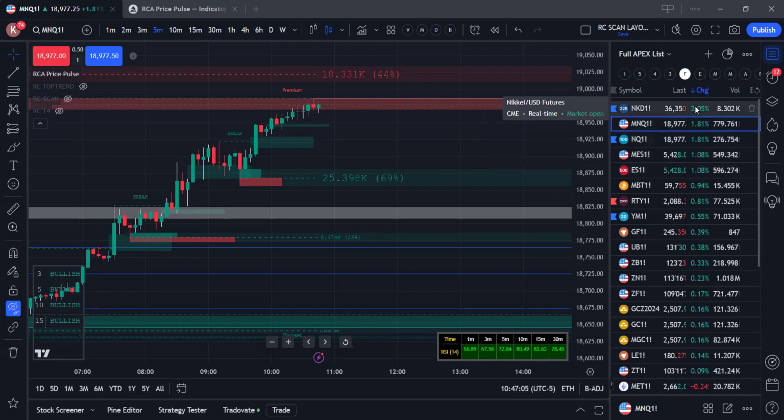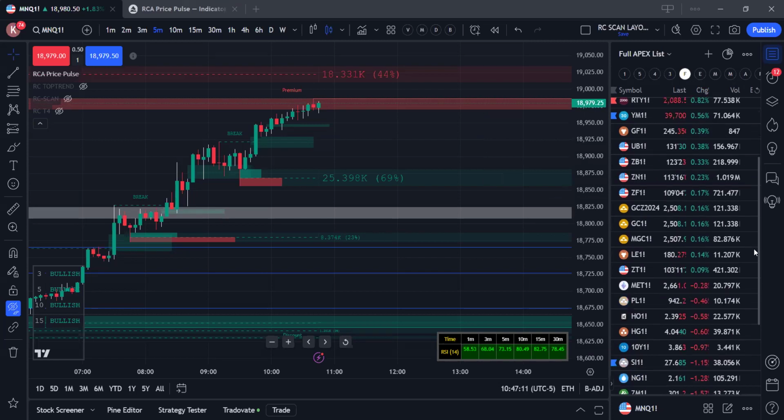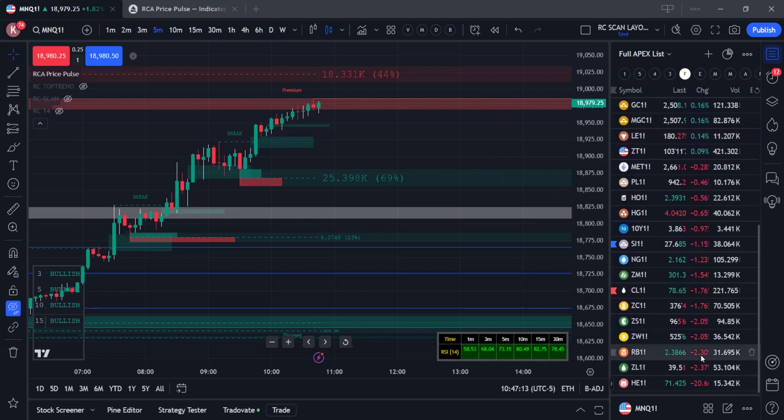The ES and Q, they are above 1%. You can enable Prism on these ones, or you can enable it on all these ones.